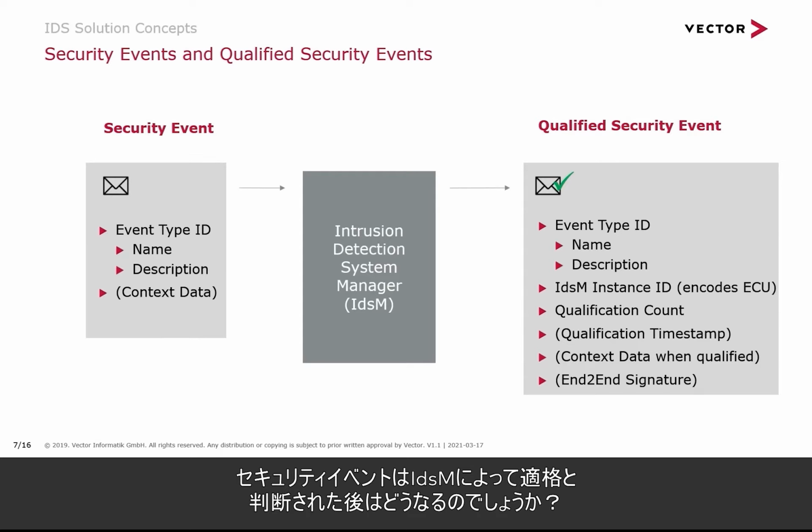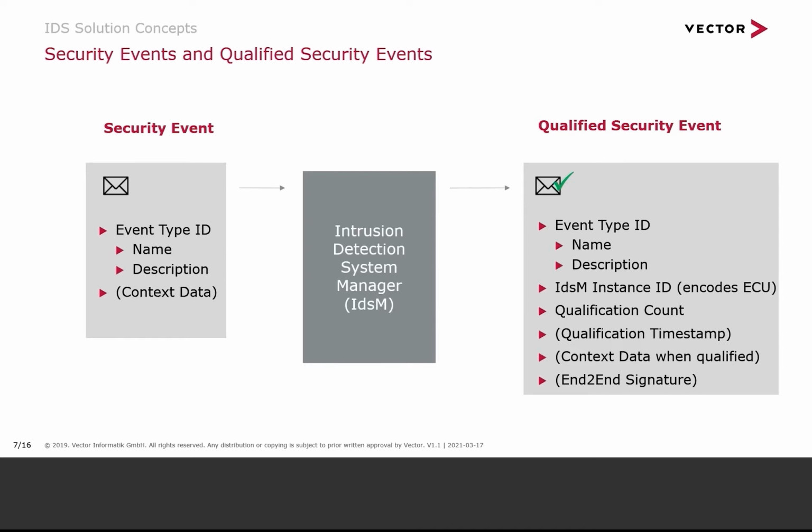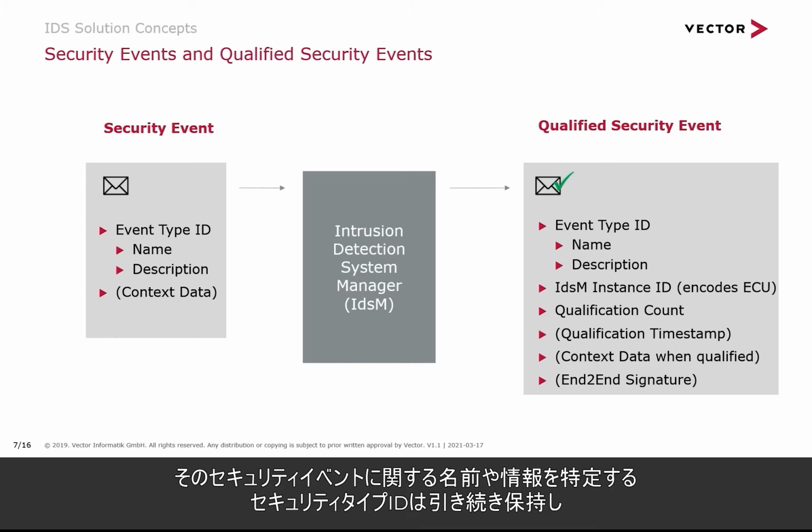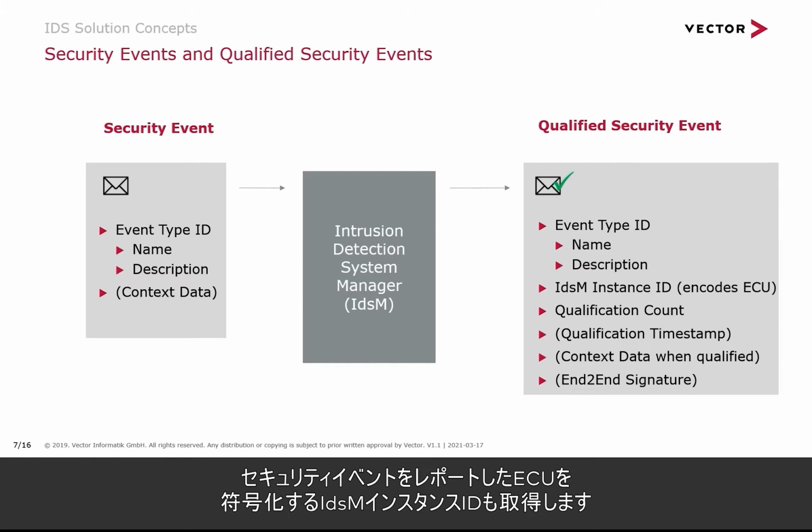So how does a security event actually look like after it was qualified by the intrusion detection system manager? Of course, it still has its security event type ID, which identifies the name and information about the security event, but it also gets an IdsM instance ID, which actually encodes the ECU by which the security event was reported.